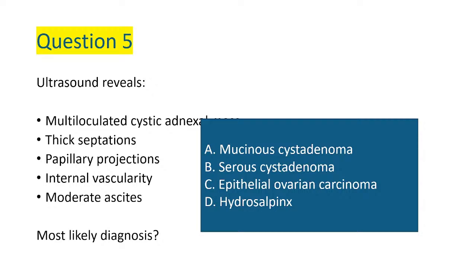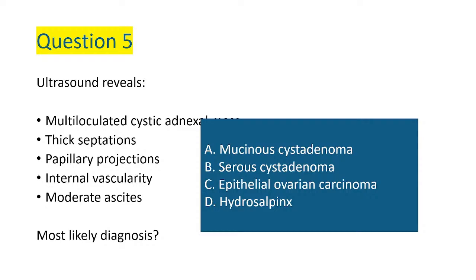Question number 5. Ultrasound reveals a multiloculated cystic adnexal mass with thick septations, papillary projections, internal vascularity, and moderate ascites.